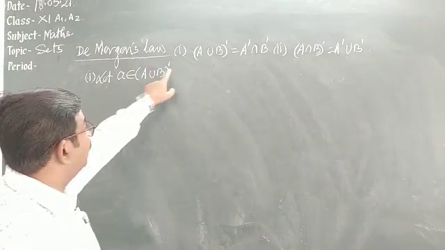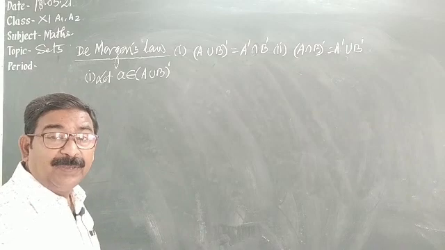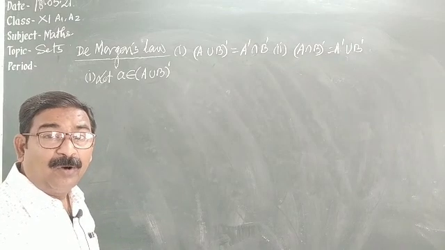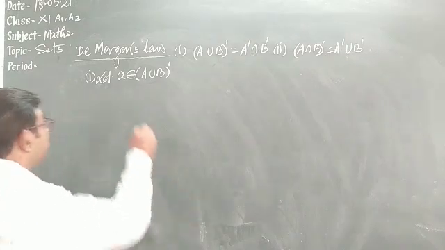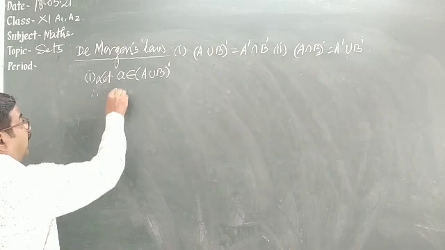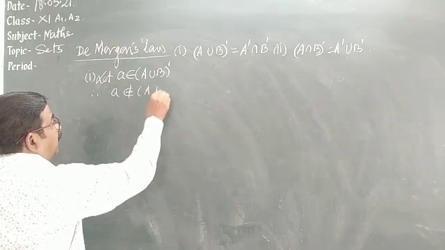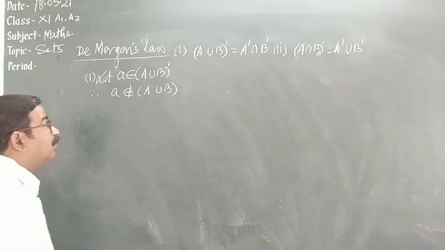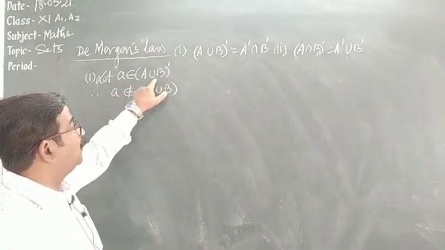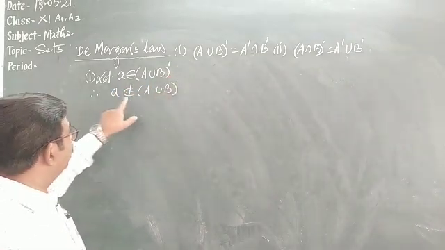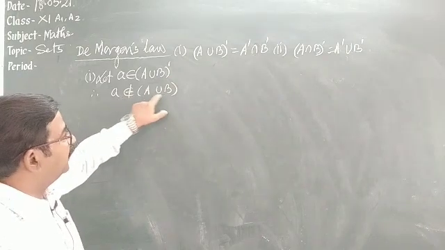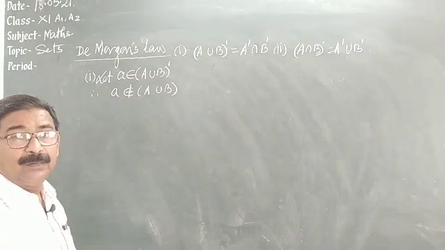So it means it will not be found in the set. Therefore you can say a does not belong to A union B, because it is found in the complement of A union B, so a will not be found in A union B.